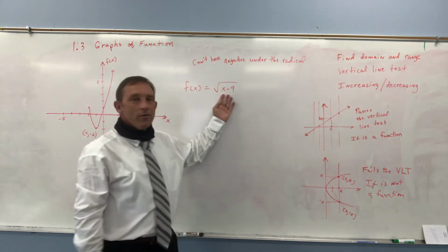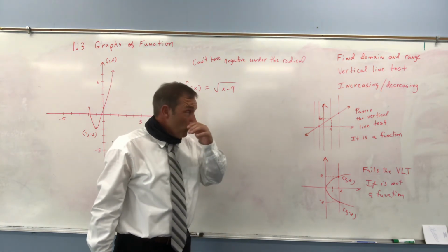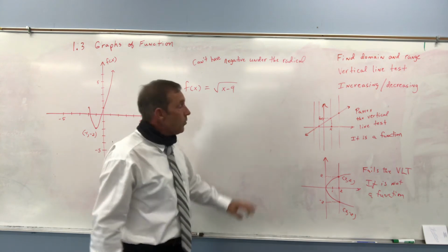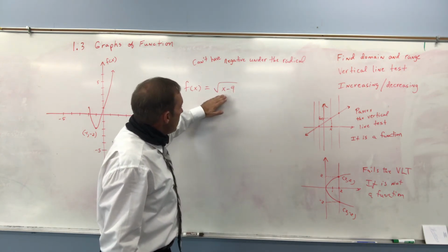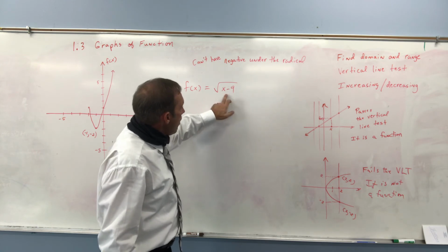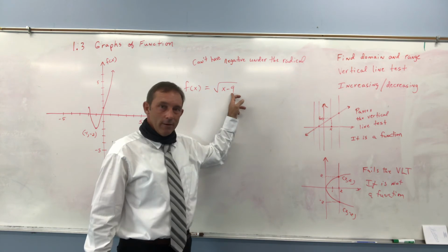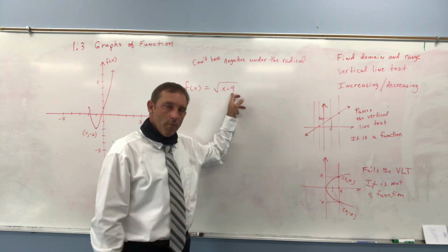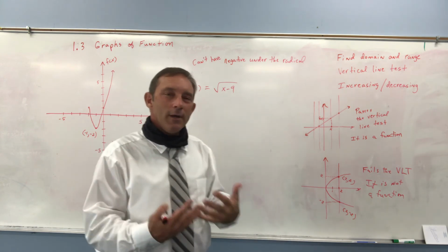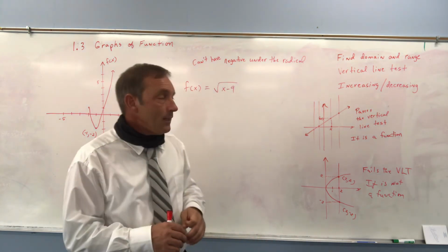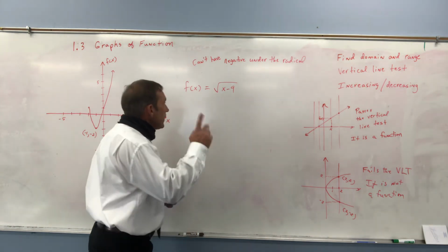If you have a negative under the radical, then you move into the realm of complex numbers. And we're working in the real numbers. So the limitation here is that the quantity under the radical can't be negative. That wouldn't be a valid domain. Any x value that gives us a negative under the radical is not going to be part of the domain. So think about it.